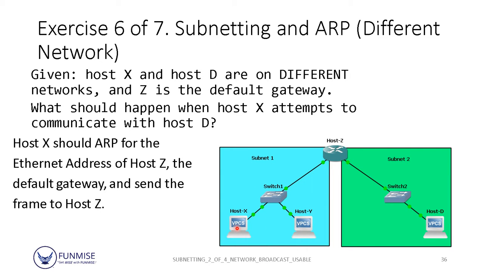Host X should ARP for the Ethernet address of host Z, its default gateway, and send the frame to host Z. Because host X is trying to communicate with host D, but host D is on a different network. It's in a different subnet. Host X realizes this, so it says, okay, you're not inside my network, so I'll just ask my default gateway to handle it. And that's what host X does.